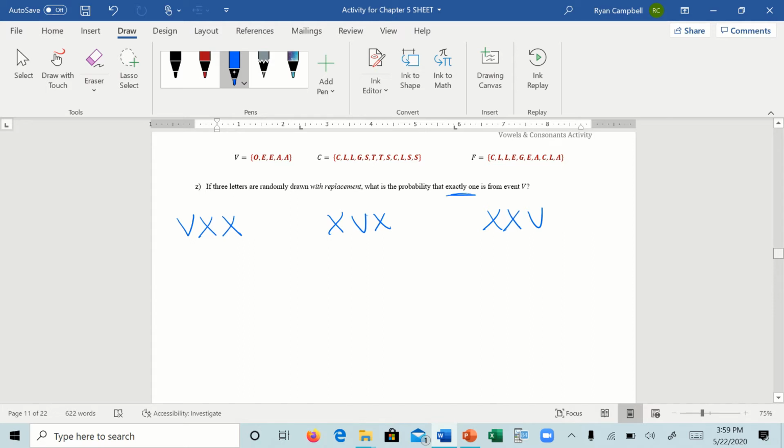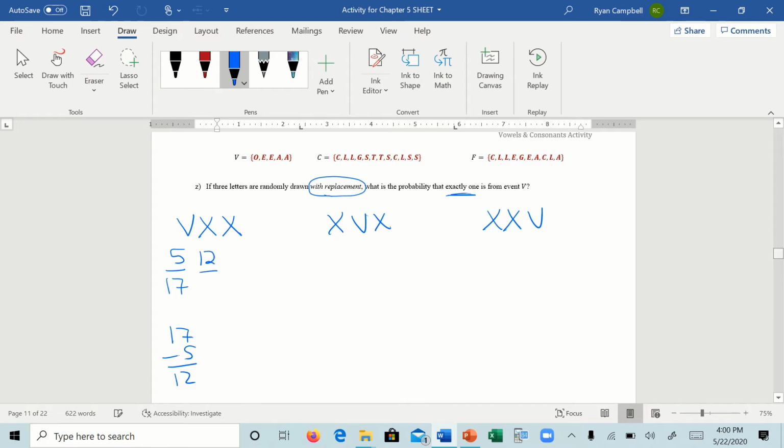So what's the probability that an event is from V? We said it was 5 out of 17. This is with replacement. So what's the probability that it's not from V? Well, that means it's either in the consonants or an F, right? If it is in V, there's 5 of them. So if it's not one of the 5, it has to be the other 12.